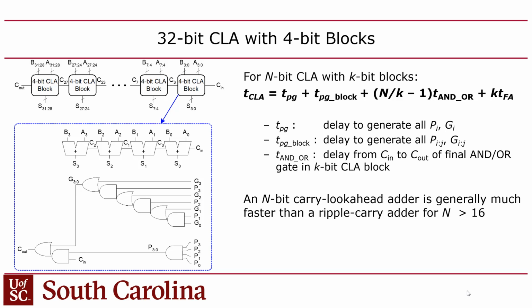So this input on the second block would experience a delay, but once you generate everything here, you'd only have to go through 1 delay of this to get the carry-in into the next block, which you would then use for that carry-in.